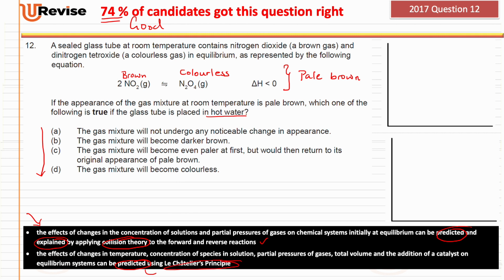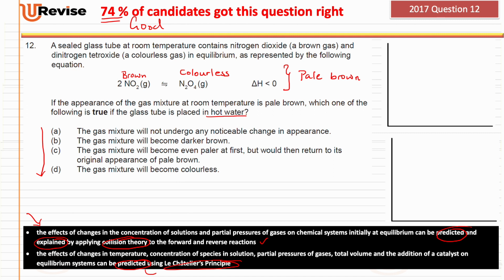It's important for you to know that it's something that comes up in the examiner's report every time, that some students, when they're supposed to explain, they explain using Le Chatelier's principle, which is wrong. You can only predict using the Le Chatelier's principle.